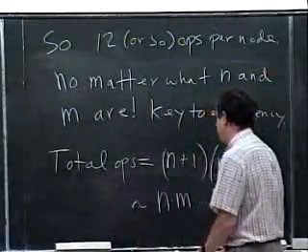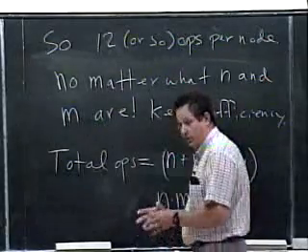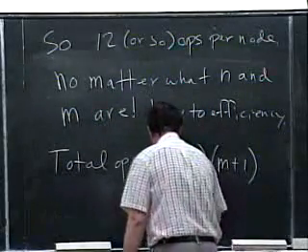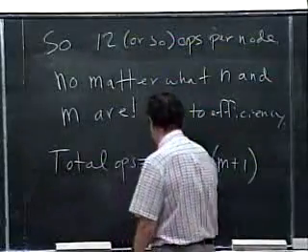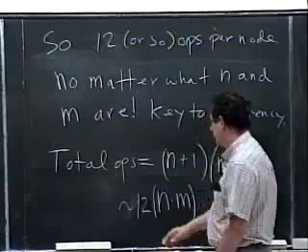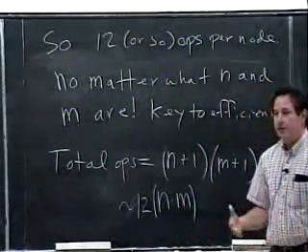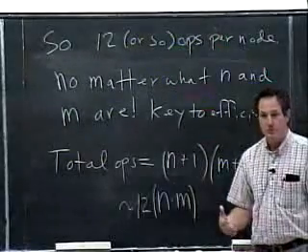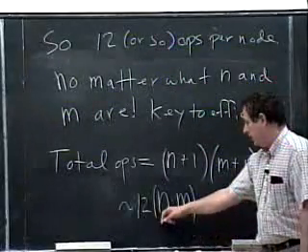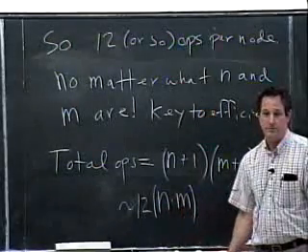That's the number of cells or nodes. And then if the number of operations per cell is about 12, so this is about 12nm. The key thing is that the number of operations grows proportional to the product of the two lengths.